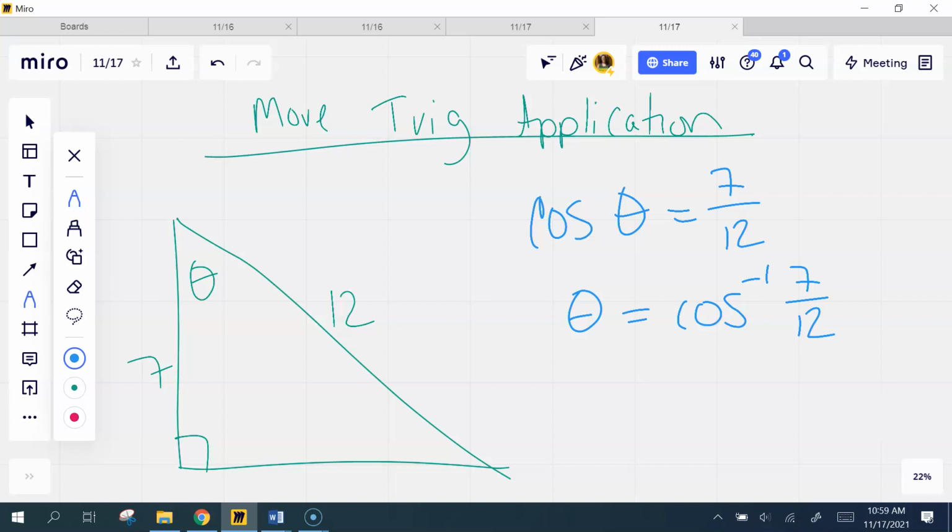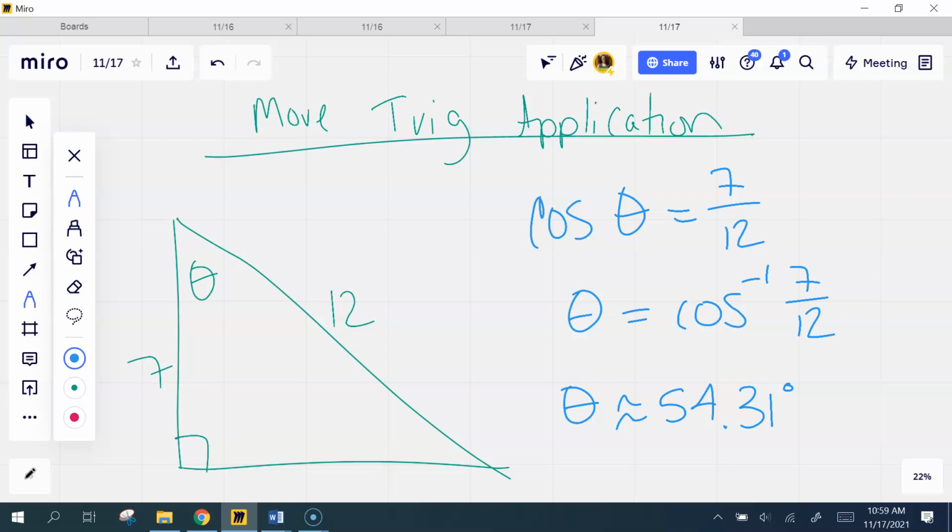And it tells me that theta is approximately 54.31 degrees. That's the only new stuff today.